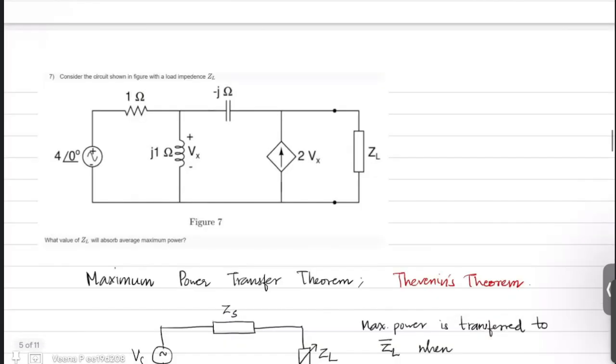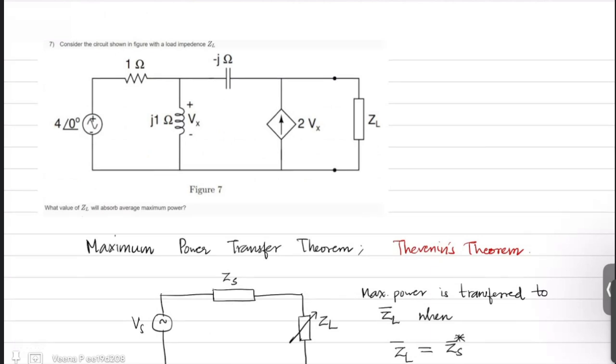Now in the given problem, you are asked to find the value of ZL which will absorb maximum average power. That means you can mark these terminals as AB, and then you can find the Thevenin equivalent impedance which you obtain by looking across AB.